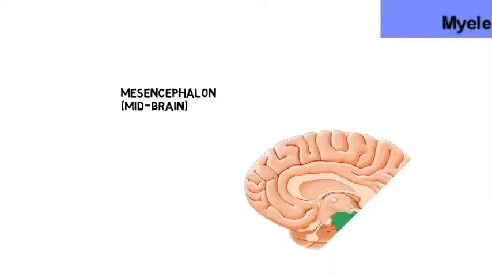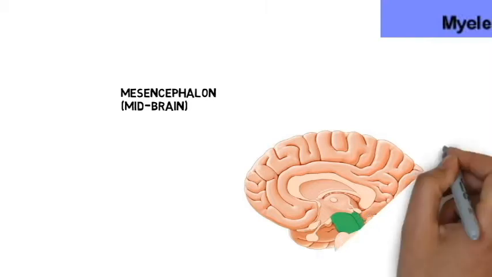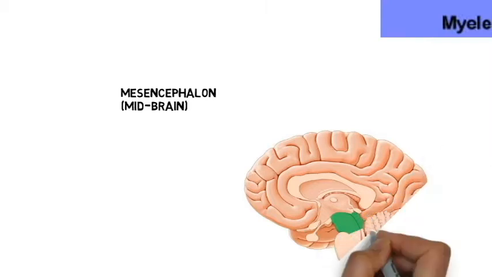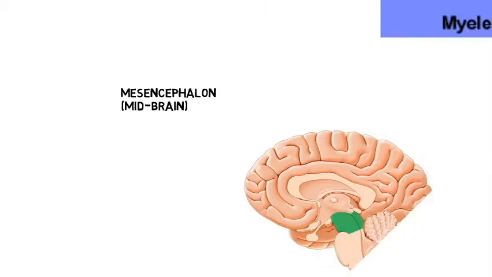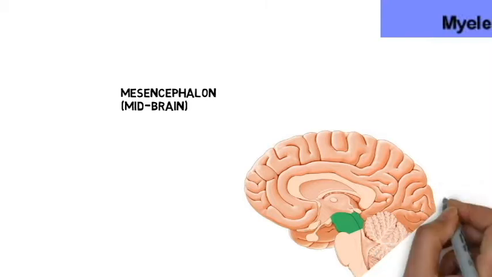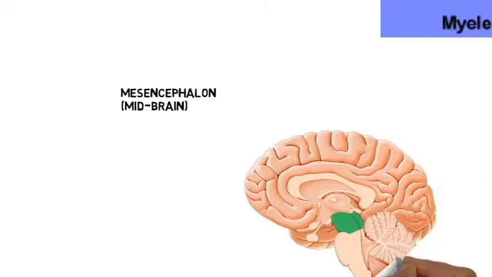There are some very, very small structures within that midbrain. For example, the tip of my little finger would cover an area called the superior colliculus, also known as the rostral colliculus. Now, colliculus means little hill. So it is the rostrally located little hill.